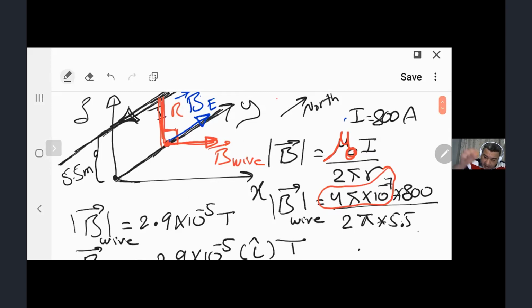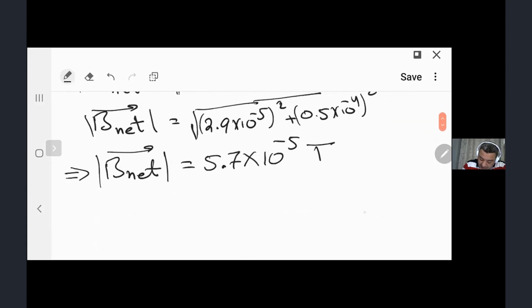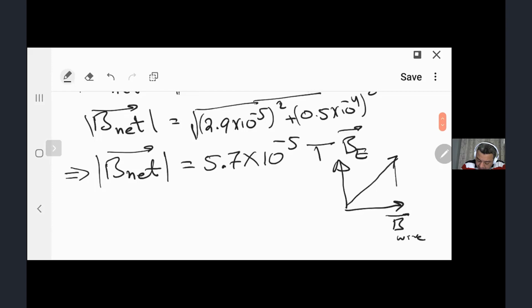And the direction is, if I look from the top, this is what I will be seeing. This is B wire, and this is B earth, and then the net will be this, and this is theta, the angle.